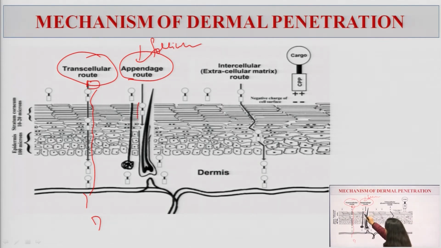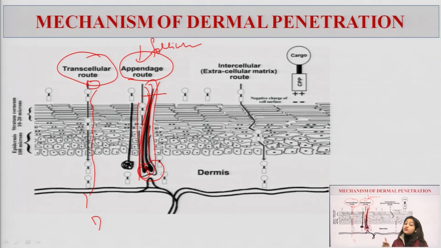Now as you can see, this is a hair shaft. This is the base of the hair and this is the shaft of the hair, through which there are certain openings and certain space. This space is occupied by anything that is applied onto the skin surface, and this pathway is the transfollicular route.